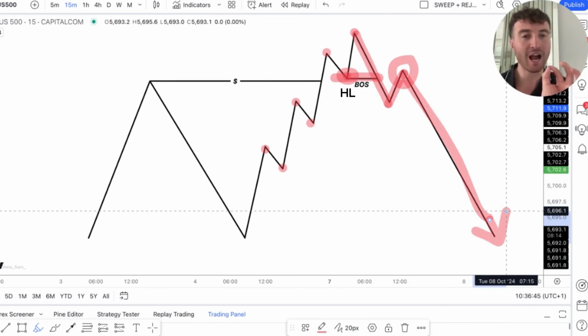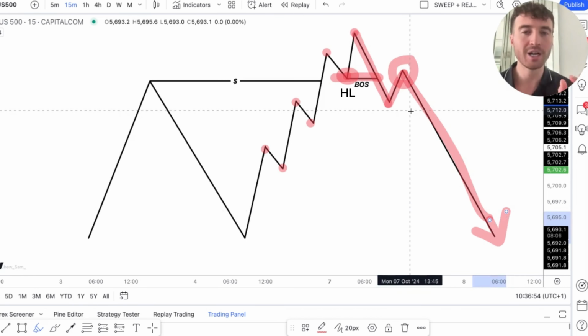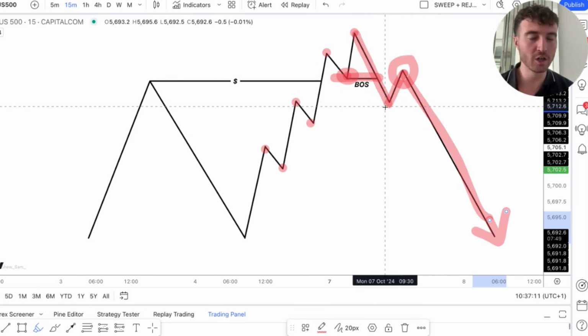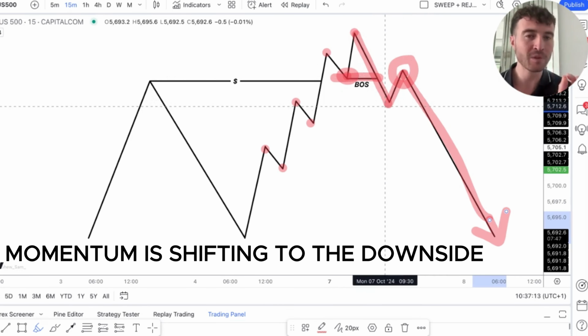This is how you can pinpoint whether the liquidity sweep is actually over. Once you see the liquidity sweep, how do you know if it is a liquidity sweep or whether it is actually a real breakout to the upside? This right here is how we can do that. We wait for the break of structure indicating momentum is shifting to the downside.